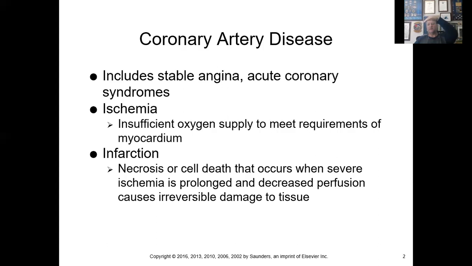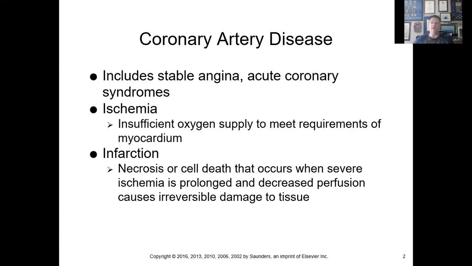Left anterior descending, circumflex, and over on the right cusp is the right coronary artery. Now, the right coronary artery kind of supplies the back posterior. The circumflex kind of wraps around the anterior posterior section of the heart. Like I said, the LAD supplies blood to the anterior section of the heart. Now, when necrosis or cell death occurs, the heart gets really irritated.